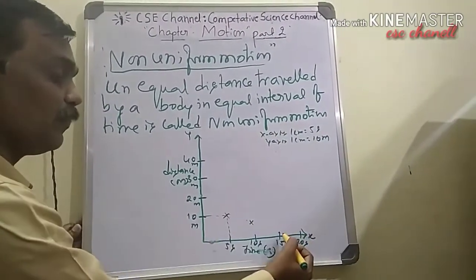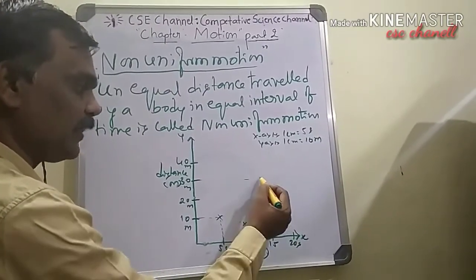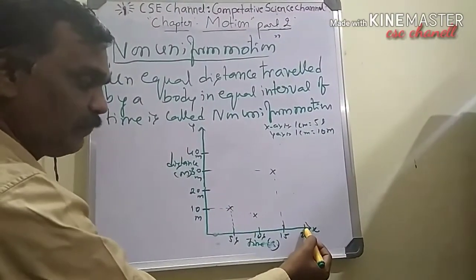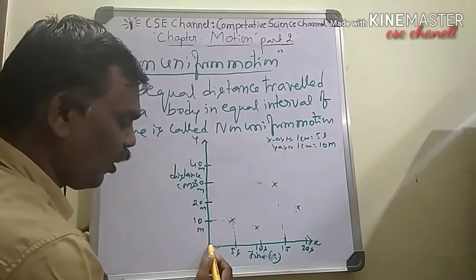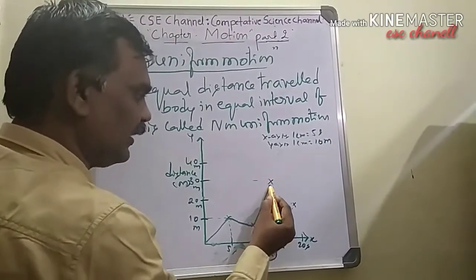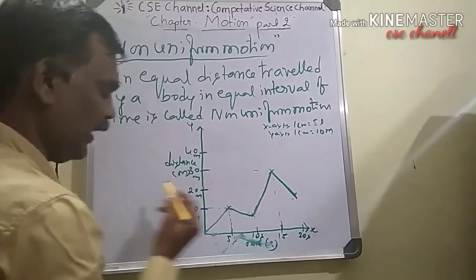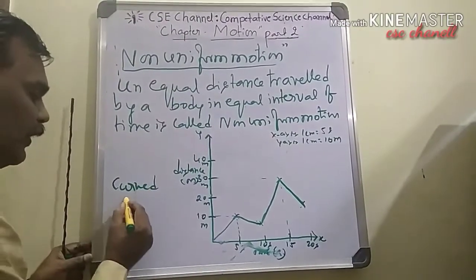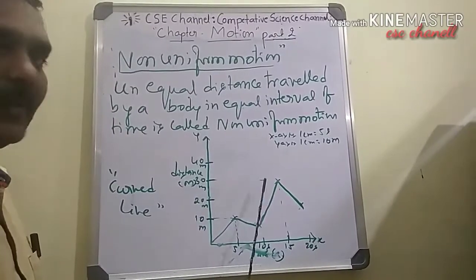In another 5 seconds, if the object is at a 30 meter distance, or in another 5 seconds, if it is at 20 meters, then the graph plotted through these points looks like this. Then this is called a curved line. So, non-uniform motion always shows and represents a curved line.